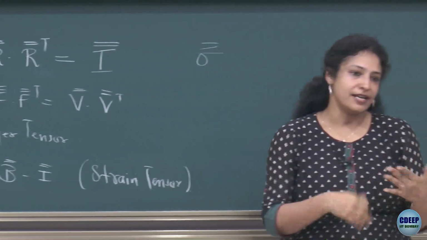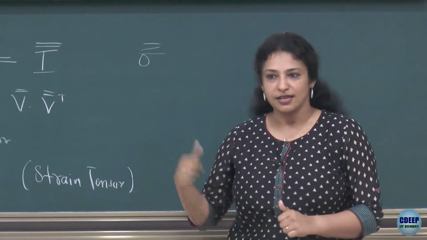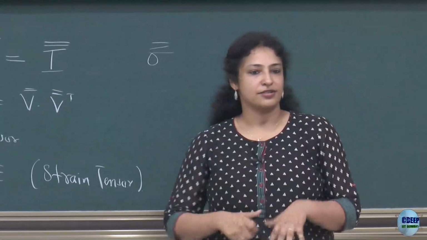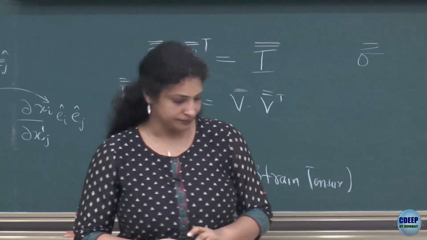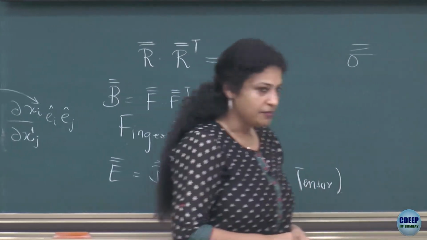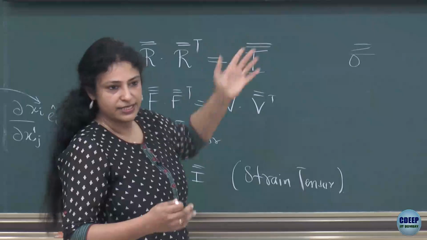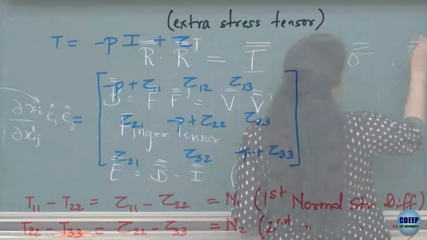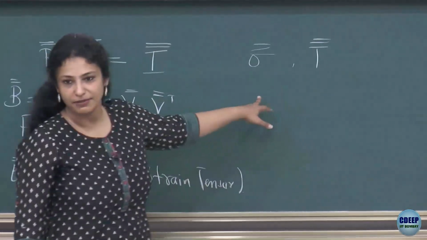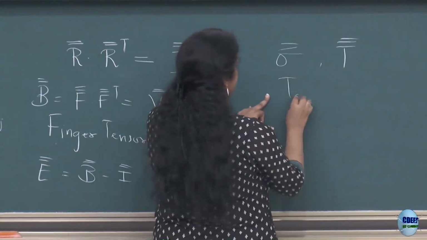Various books end up using different notations. These particular notes were taken from Mikosko, and he has been using capital T as the total stress tensor, right. But the rest of the things are the same. So, sometimes we have used sigma and sometimes capital T for the total stress tensor.